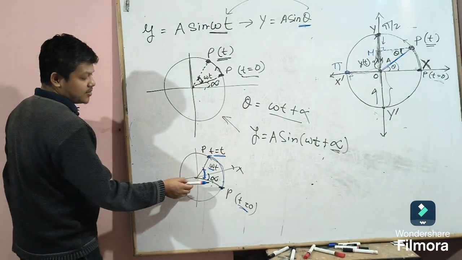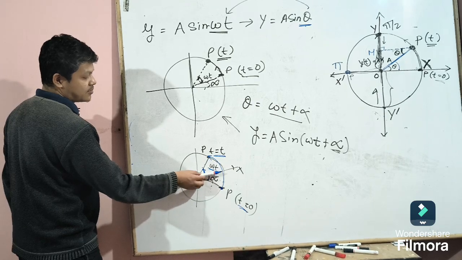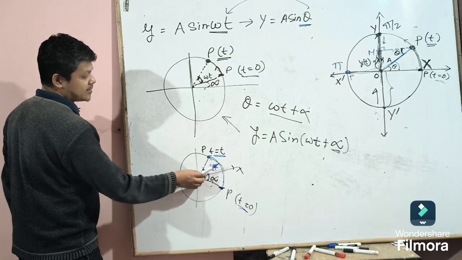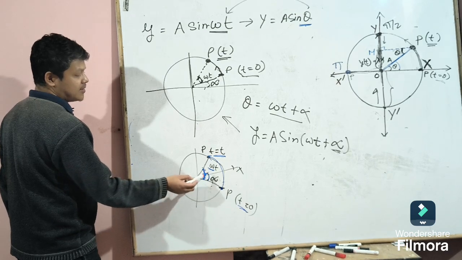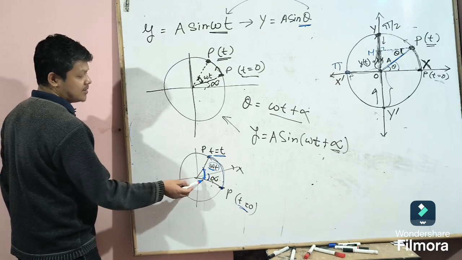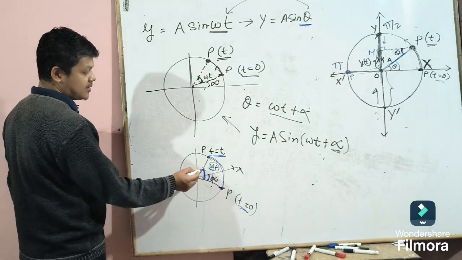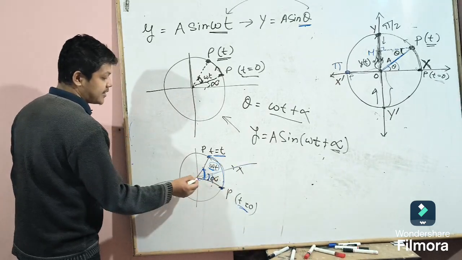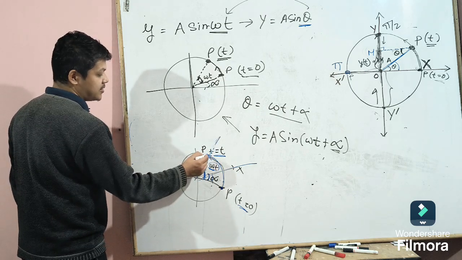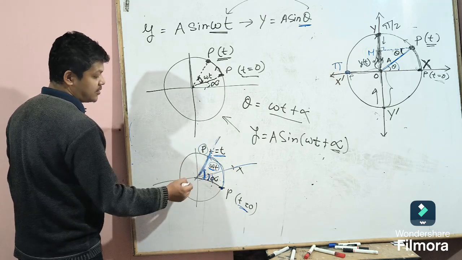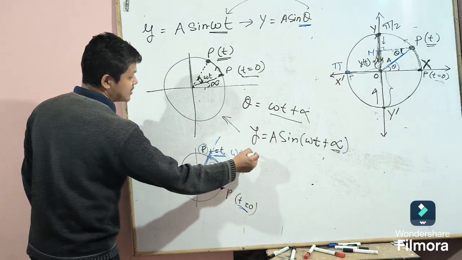Here, to measure the angle between the x-axis and this radius, the line joining P and the origin O, this angle is omega t minus alpha.